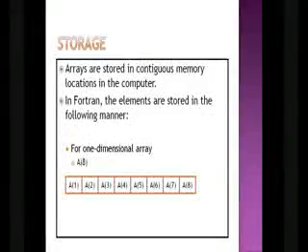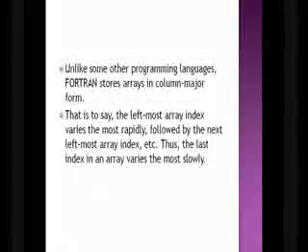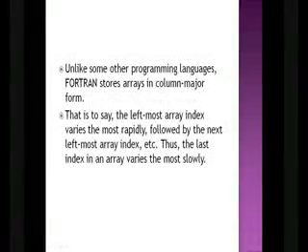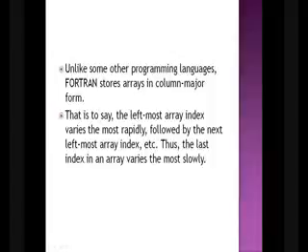Array elements are stored in contiguous blocks of memory as shown in the slide. Unlike some other programming languages, Fortran stores arrays in column major form. That is to say, the leftmost array index varies the most rapidly, followed by the next leftmost array index, and so on.